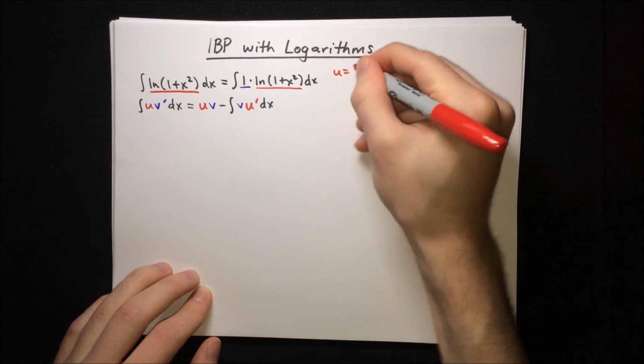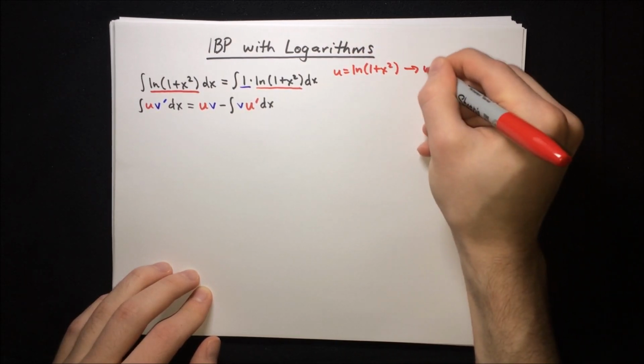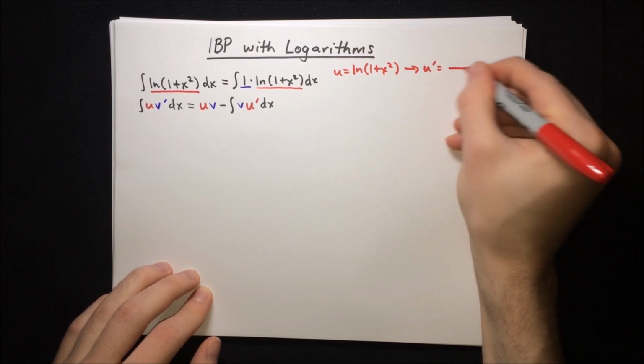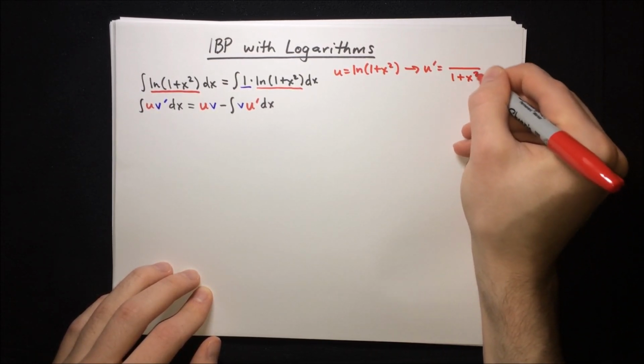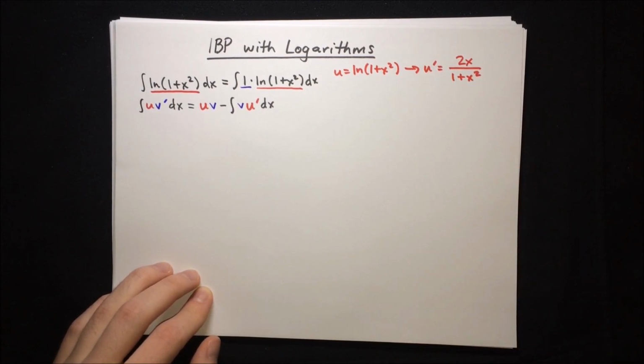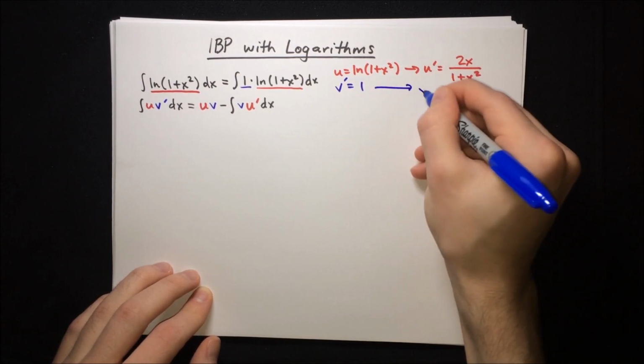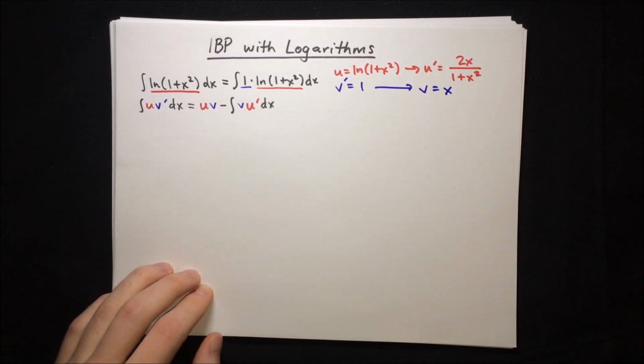So u equals natural log of 1 plus x squared, which means u prime equals 1 over 1 plus x squared, and then times the derivative of that, so just 2x on top. And then v prime equals 1, which means v is just x.